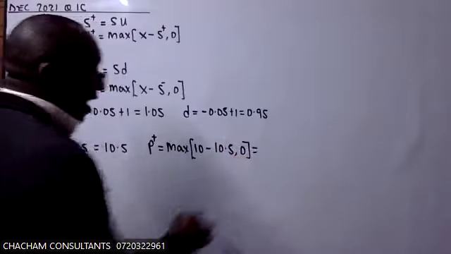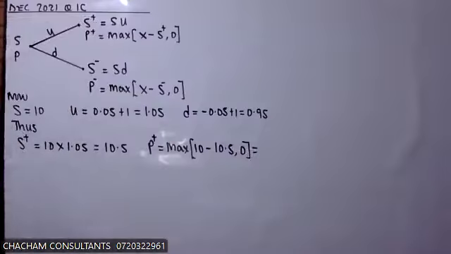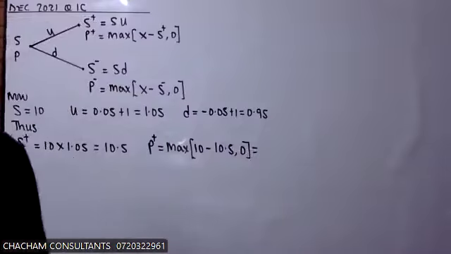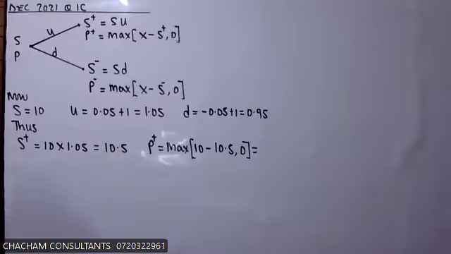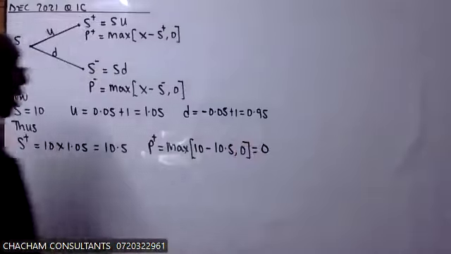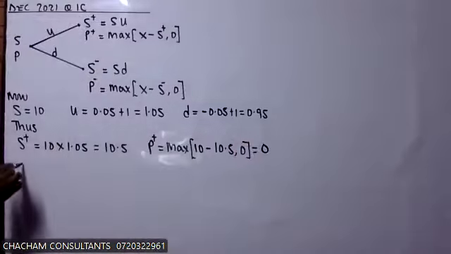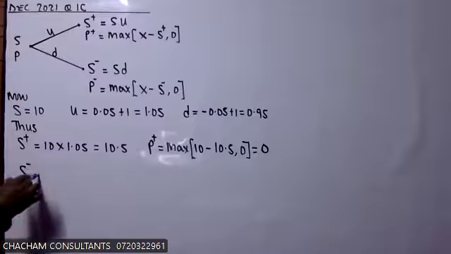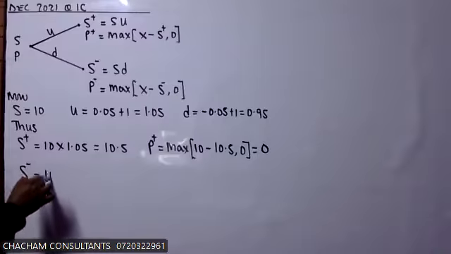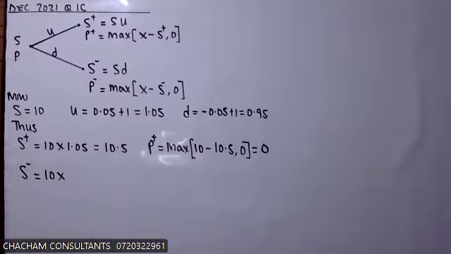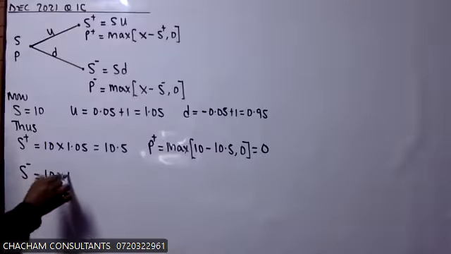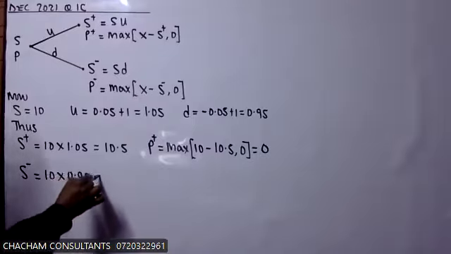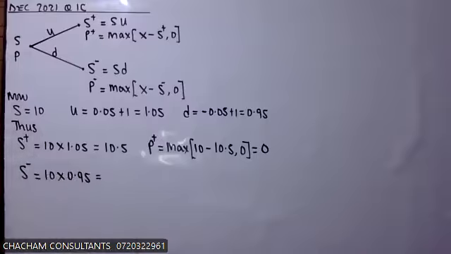So what will be the value of that put option? It will be 0. Good. When we go down, S down will be 10 times the down move, which is 0.95. So that gives us what?